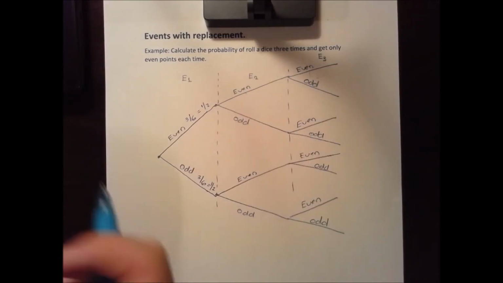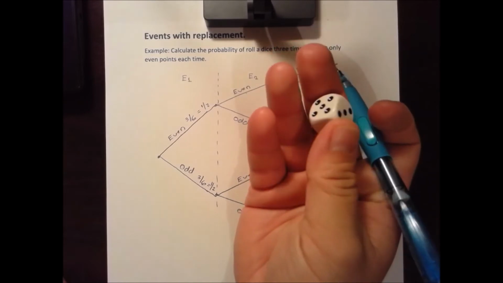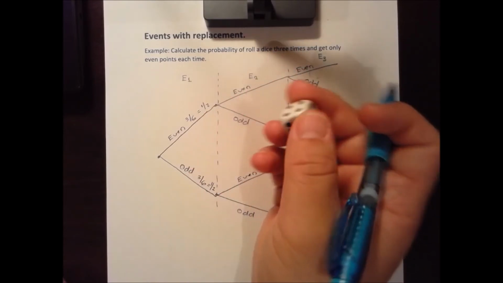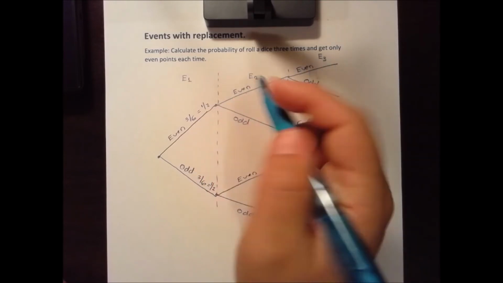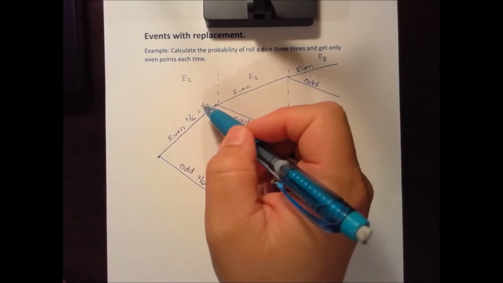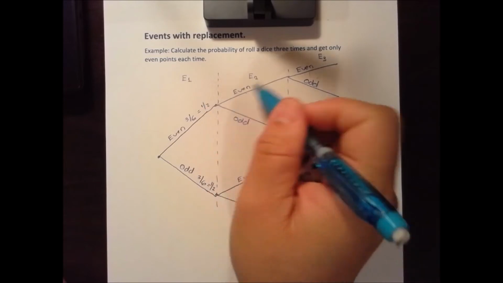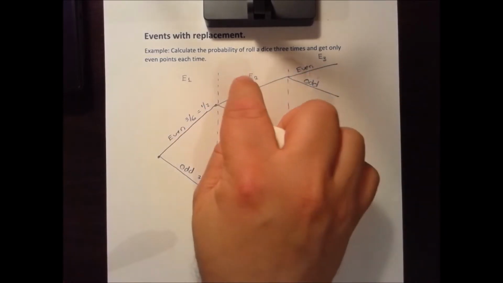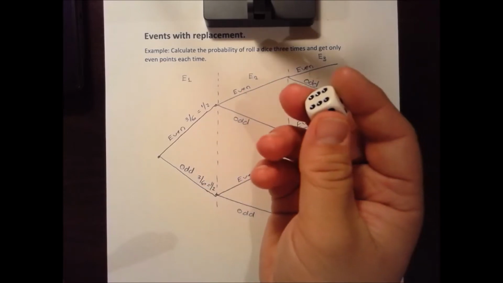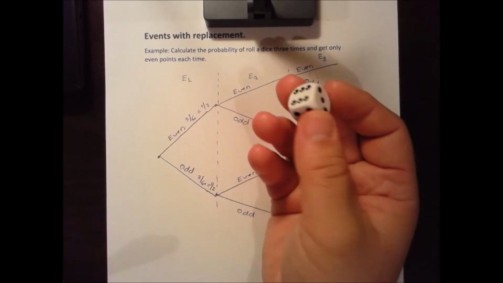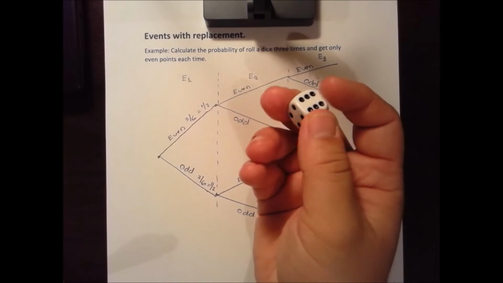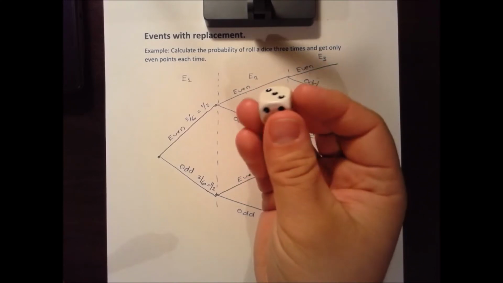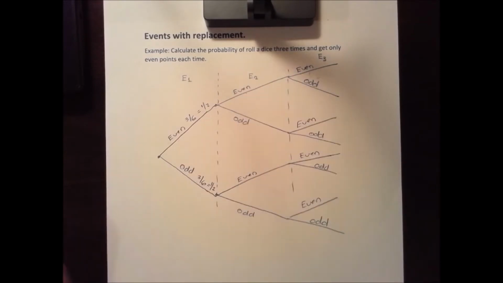So at the second event, the probabilities are not going to change. The probabilities will be the same, because let's suppose that I have an even number at the first event. At the second event, I'm going to roll it again. So my question is, how many even numbers do we have at the second time that I roll it? I'm going to continue to have 3 of 6, and odd, I'm going to have 3 of 6 also.